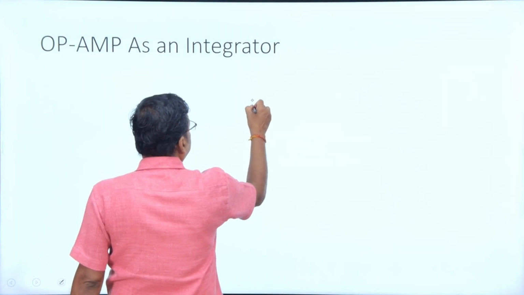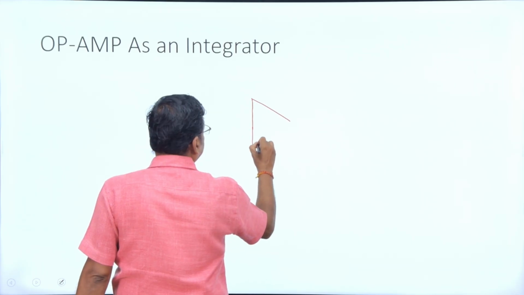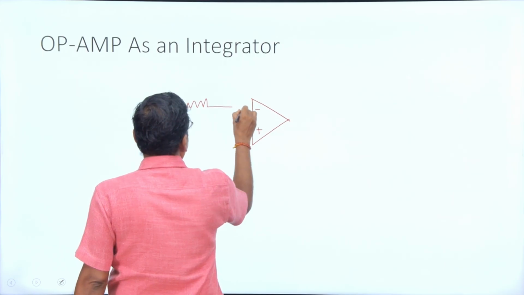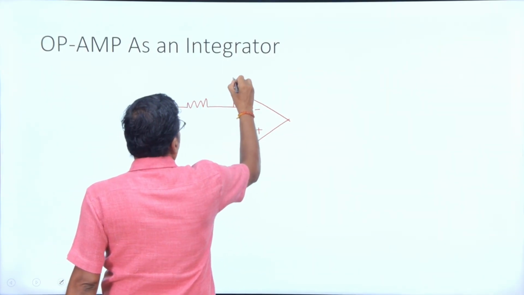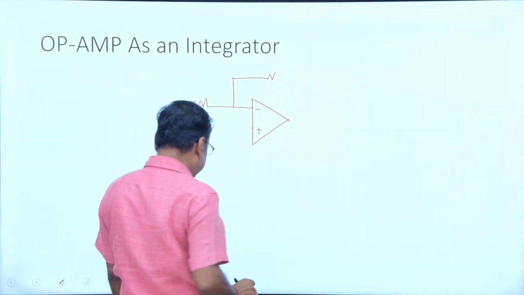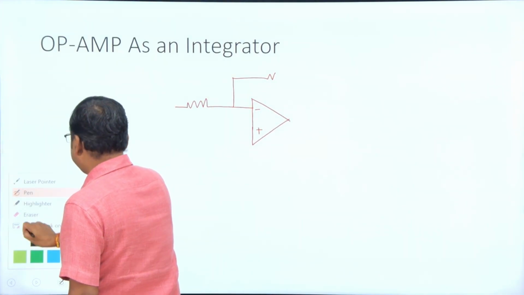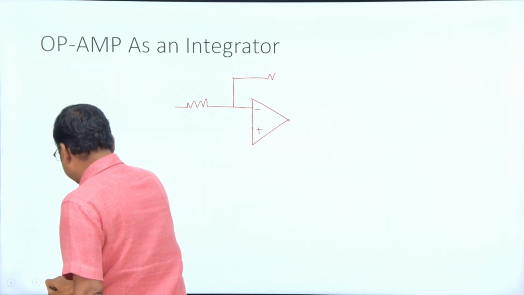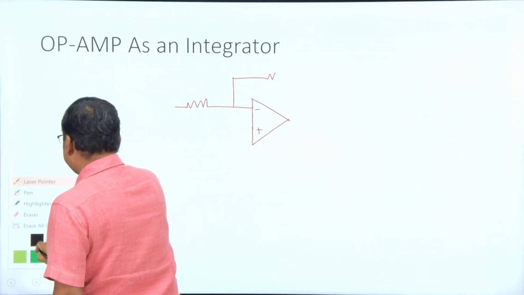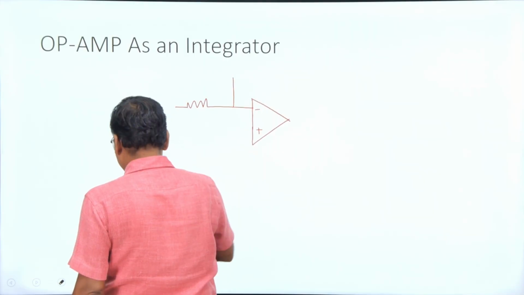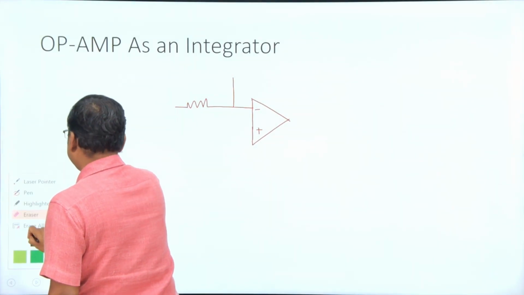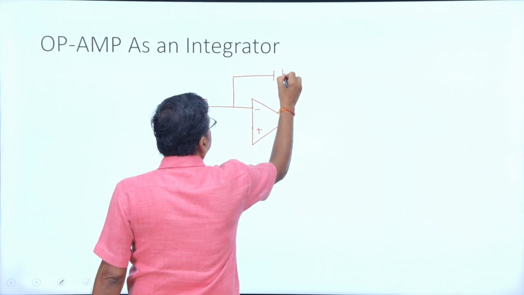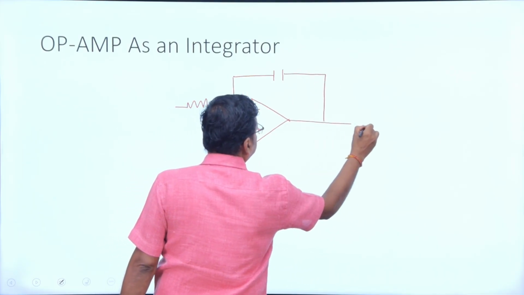For the integrator, this is minus and this is plus. Simply, the resistor and capacitor arrangement of the differentiator is interchanged.